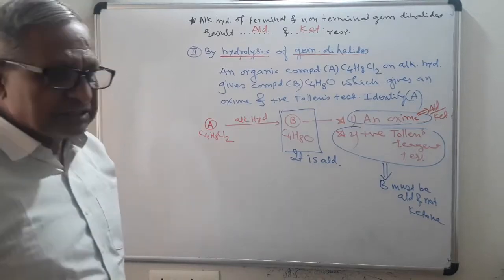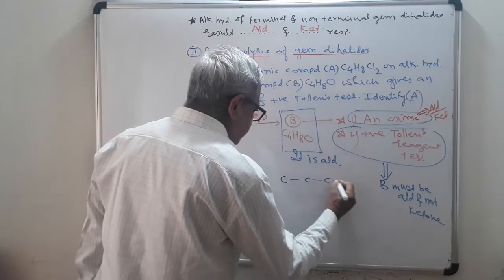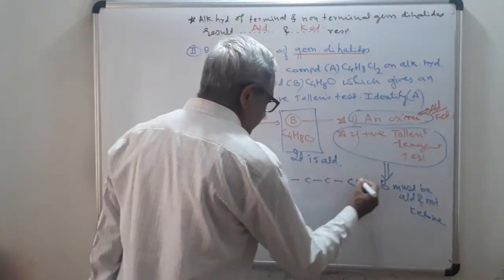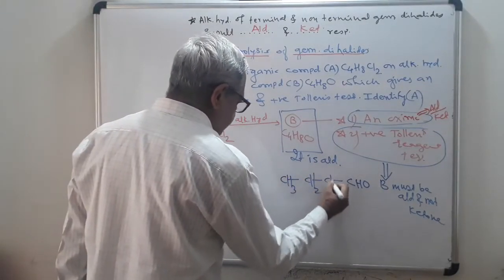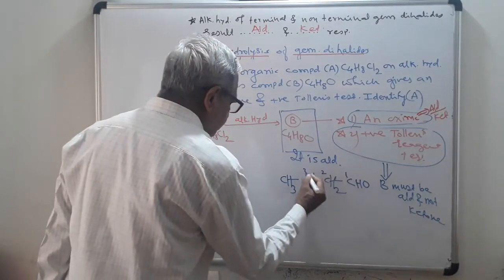Now see, in an aldehyde, the CHO group is always present at the terminal carbon atom. It contains 4 carbon atoms. So the last one will be the aldehyde group, and the remaining will be like this: CH3, CH2, CH2. This is carbon number 1, 2, 3, 4.